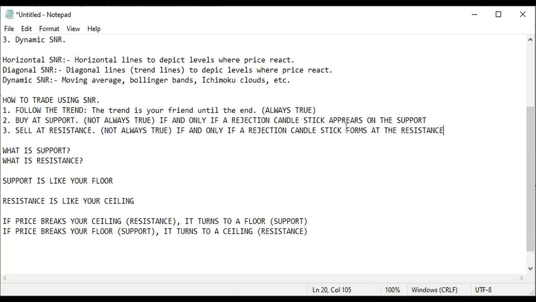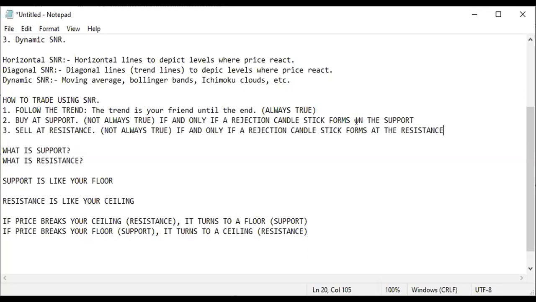Let me change this to forms. So that's the only moment I'm going to buy or sell. If you read this through and through, that is when you know, okay, I might buy or sell from here.